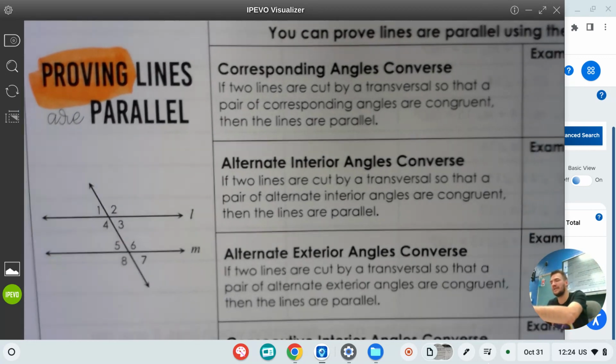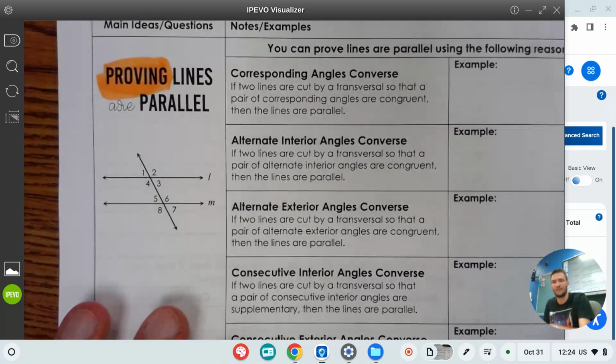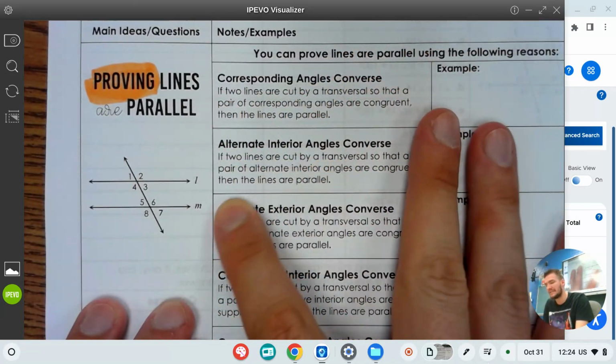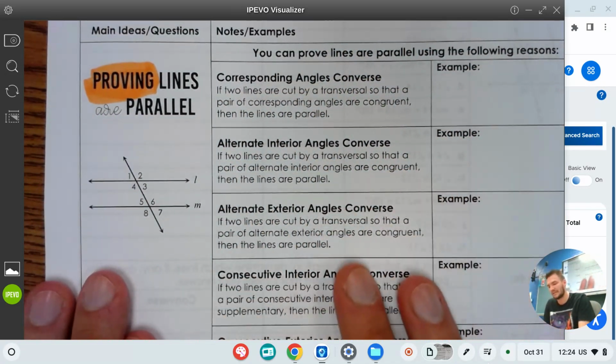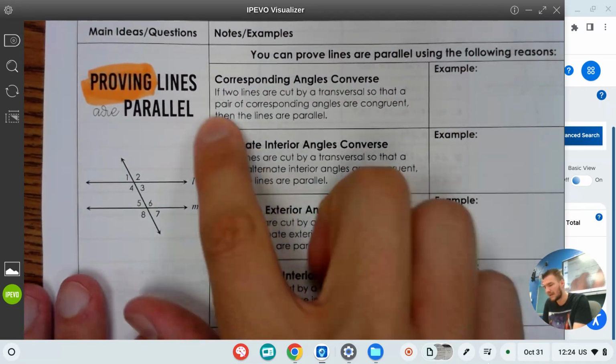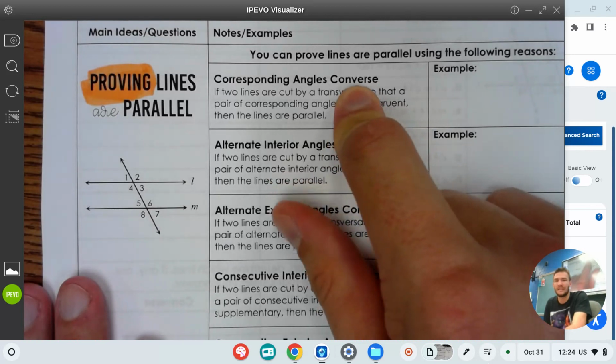So we're going to use 90% words that we already know: corresponding angles, alternate interior, alternate exterior, consecutive interior, consecutive exterior, all things that we've heard before. Now, there's a word converse added on here.